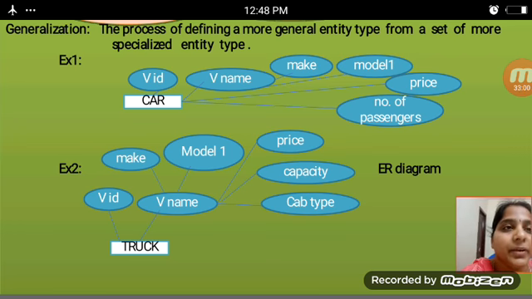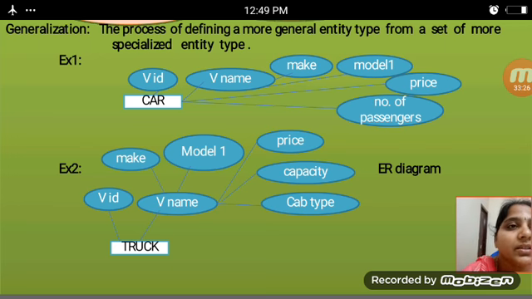A car has a vehicle ID and a vehicle name, and the vehicle name has subparts, make and model. The car has two subtypes with attributes such as price and number of passengers, the seating capacity.